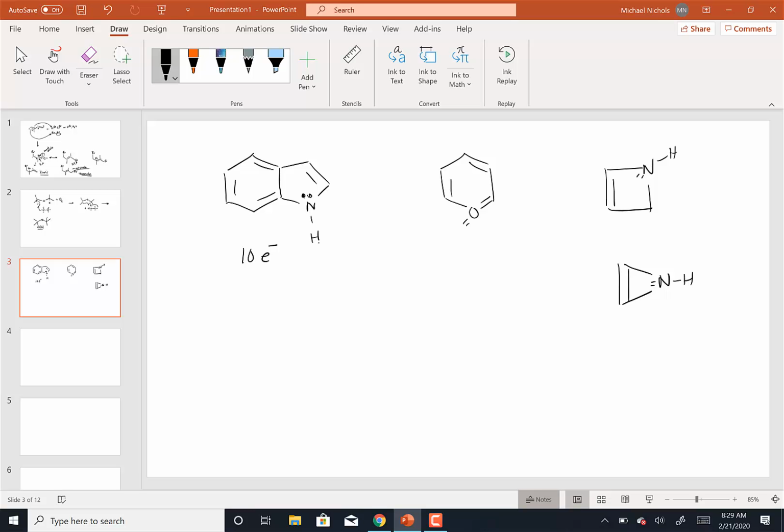It's just going to stay sp3, and the system will be non-aromatic. So those atoms will never become sp2 to make the system anti-aromatic, because it will not do something to make the molecule really unstable. Okay. So that one is aromatic.